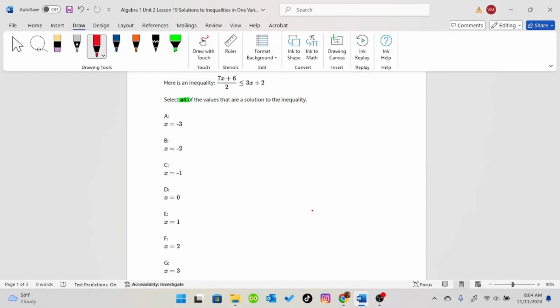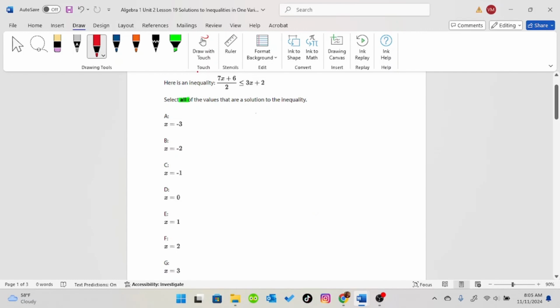To find out what the answers are, much like when we did equations, we want to isolate the x on one side and a number on the other side. And what that will do is, instead of giving us one answer, it will give us an inequality which is giving us a range of answers.